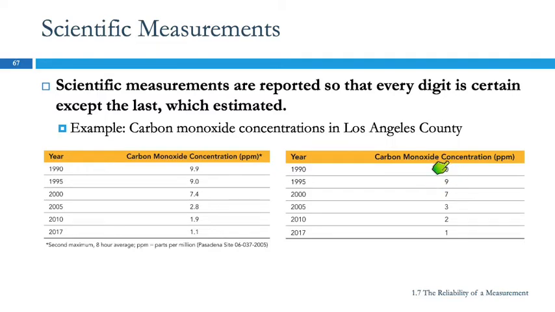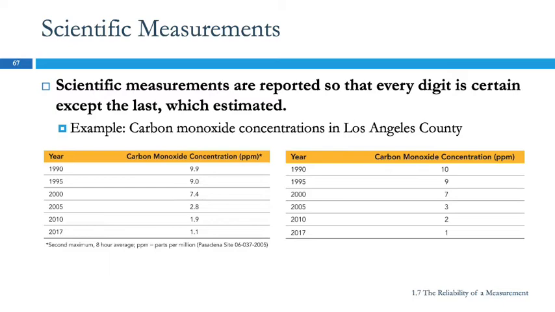It just says 10. So when we look at a measurement, we're going to assume that the last digit is uncertain. So here, there would be uncertainty in the tenths place. So 9.9, we're saying it's between 9.8 and 10.